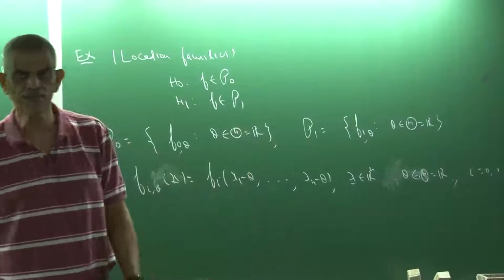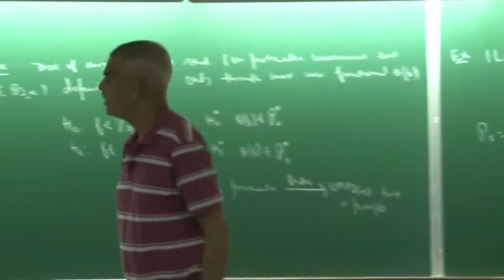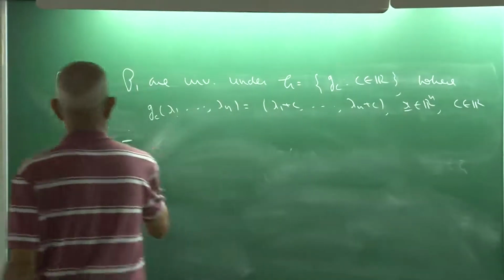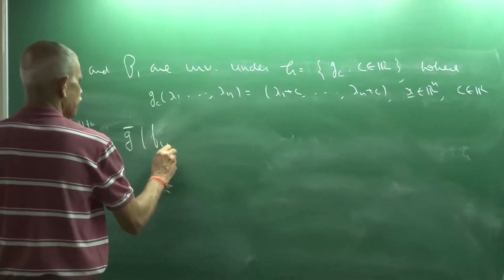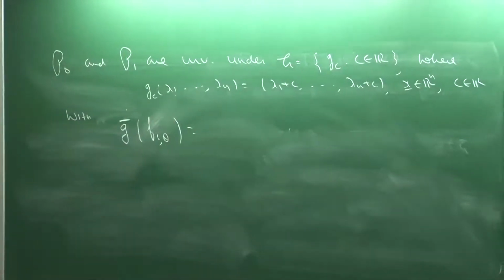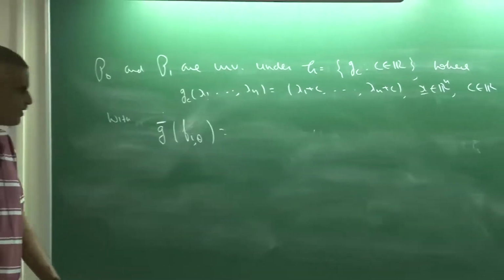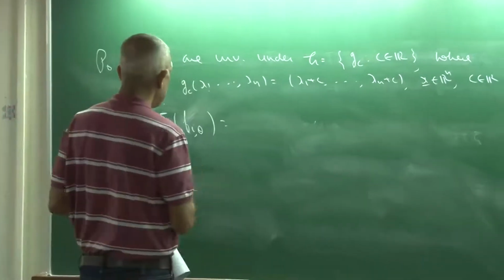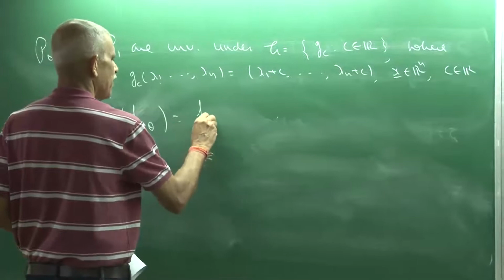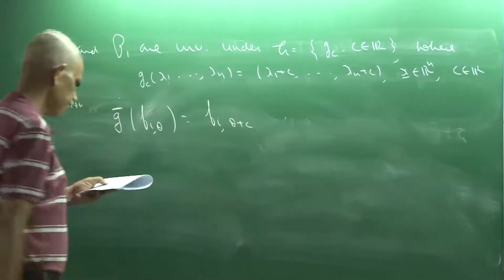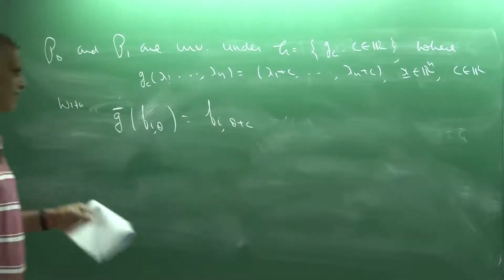So theta gets transformed to theta plus c. So G bar on Fi theta is what is happening, because your functionals are f1 theta, f0 theta, and theta is varying. So G bar of Fi theta is nothing but Fi of theta plus c, for i equal to 0, 1.